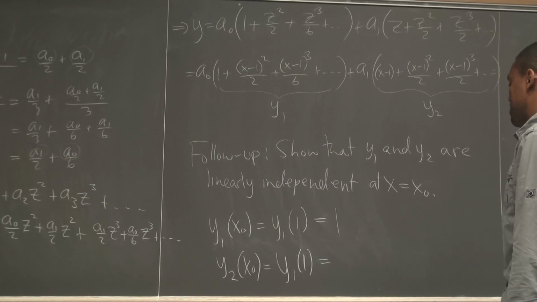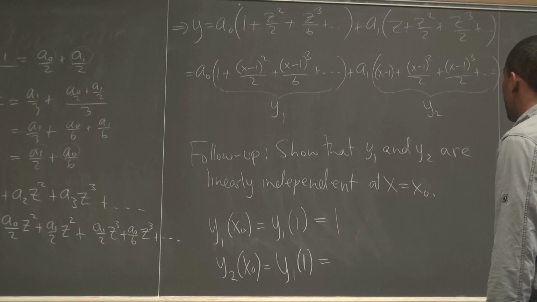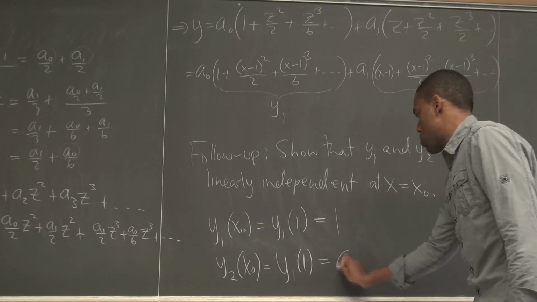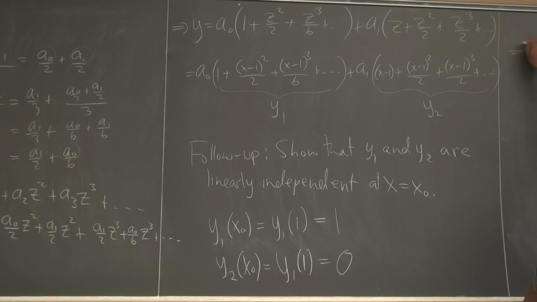Okay, so at 1 we would have what? 0. Which means that the Wronskian of y1 and y2 evaluated at the point 1 is just going to be 1, the derivative of that is 0, 0, derivative of that is 0. And that would actually be 0. So that's actually a problem.